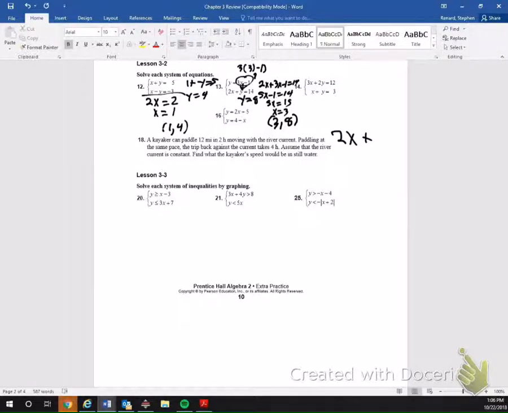So 2x plus y, and it's actually going to be 2y. I'll change that in a second. So 2x, that's 2 times moving with the current.